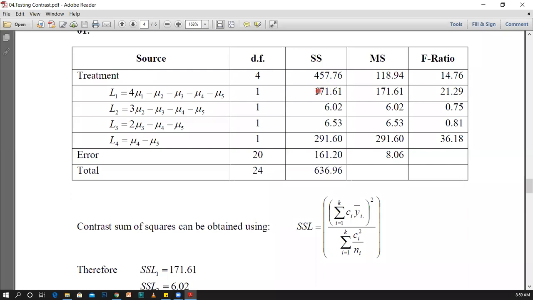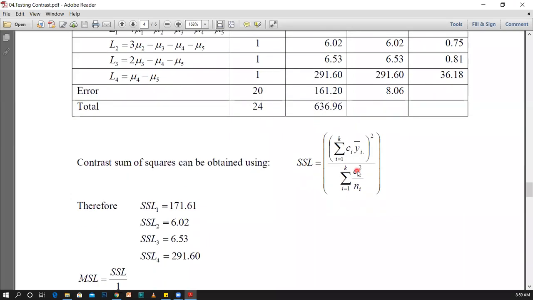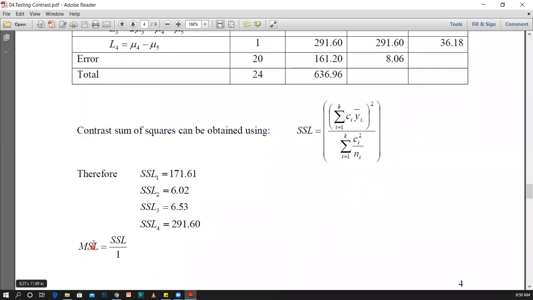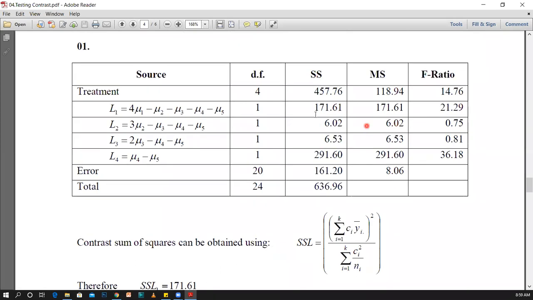The SS value would be equal to the MS value, because the contrast mean square is the contrast sum of squares divided by degrees of freedom. Since the degrees of freedom is equal to 1, these two values are equal. Therefore, MS values for contrast are the same as the SS values. And this 8.06 we have obtained previously.